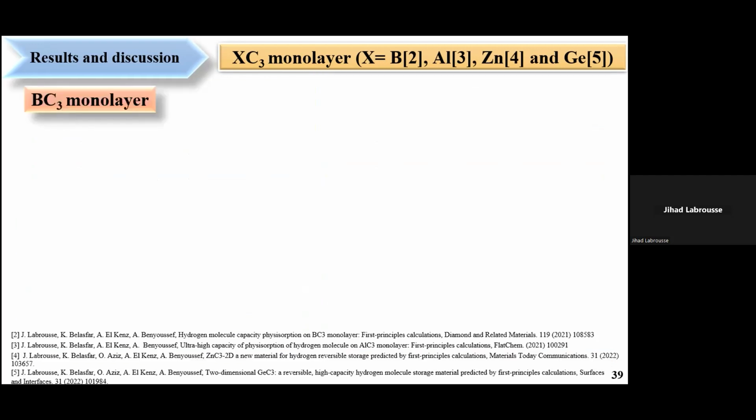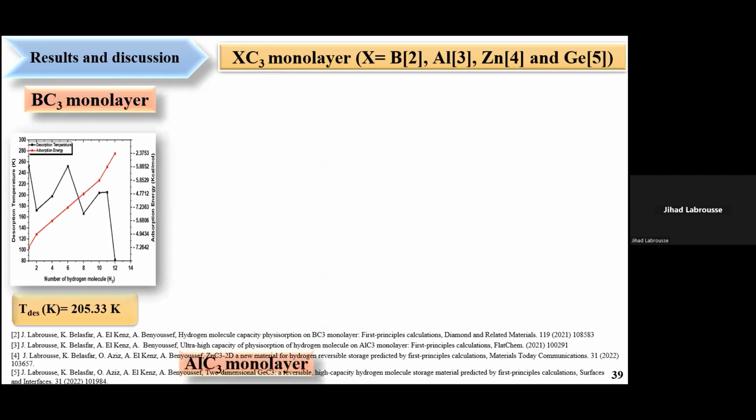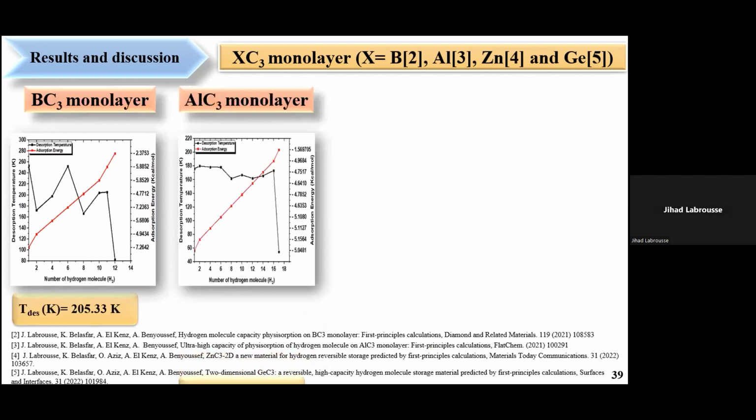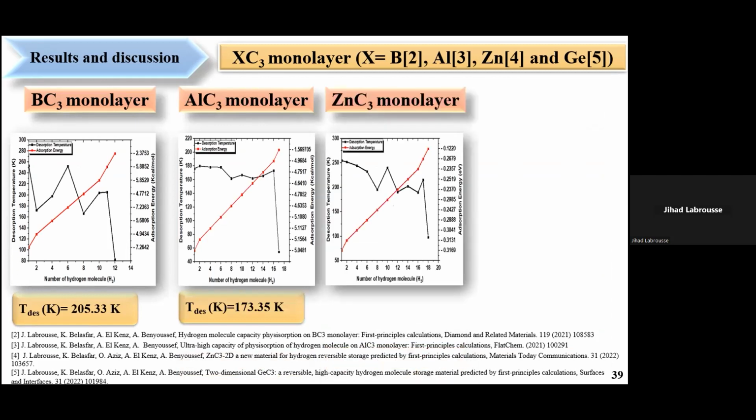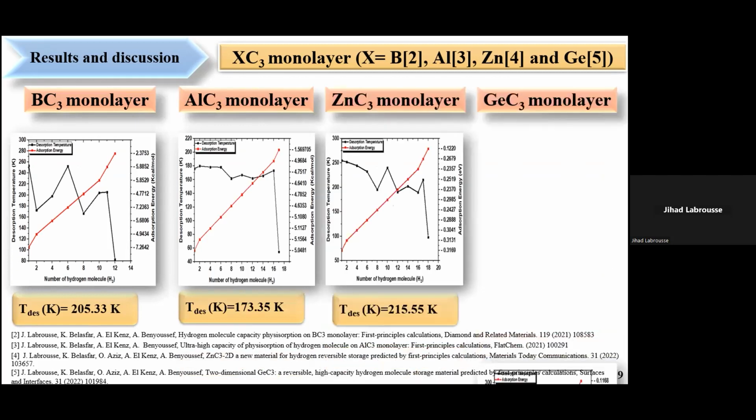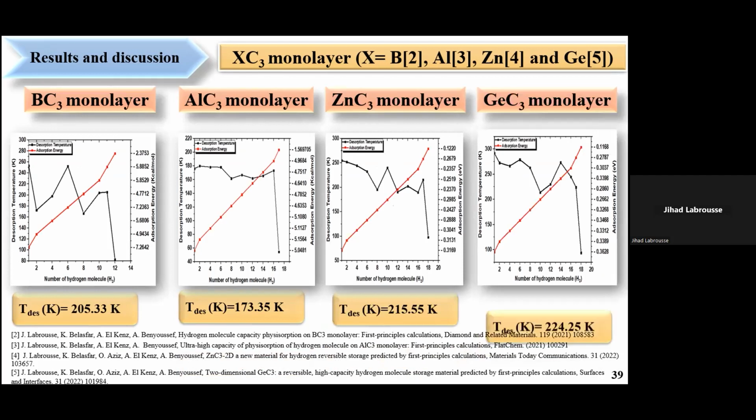We further calculated the desorption temperature of these materials, and we found that for all the materials, the desorption temperature was close to 300 Kelvin, which is the ambient temperature, which means that our material can serve as a good material for reversible storage of hydrogen molecules. When I'm talking about reversible storage, I'm talking about releasing our molecule from the substrate at these desorption temperatures.